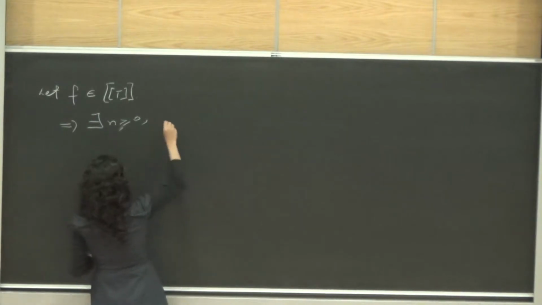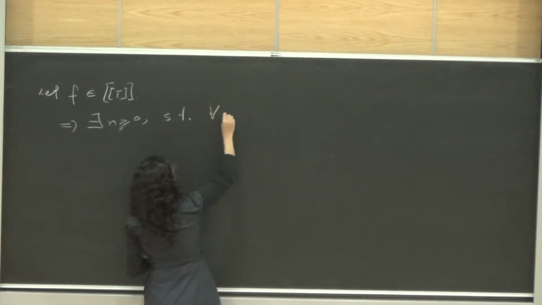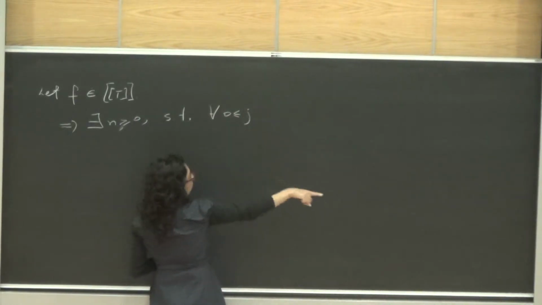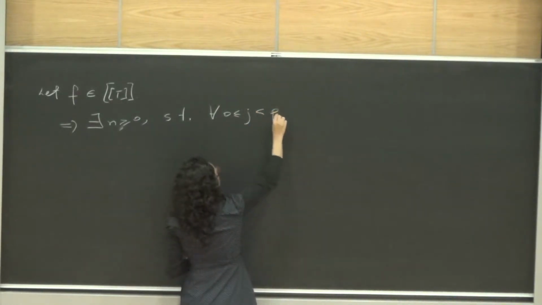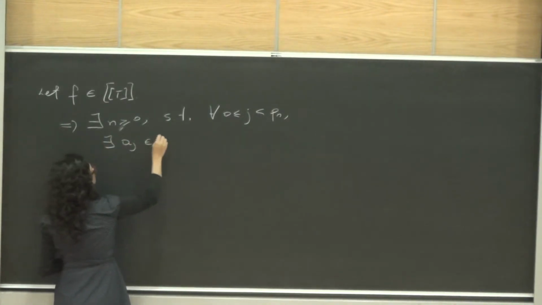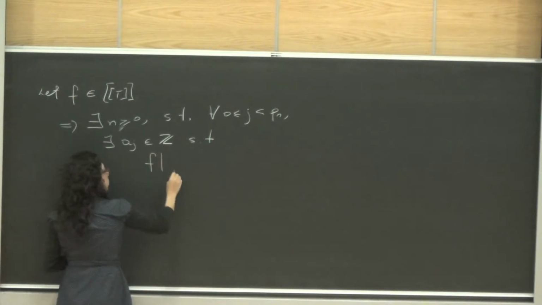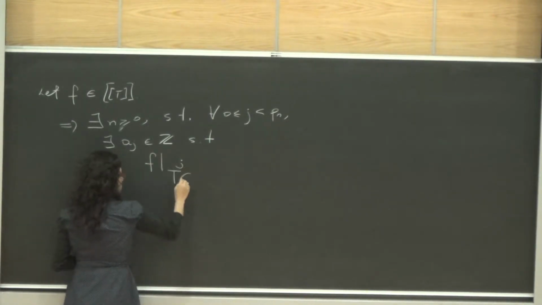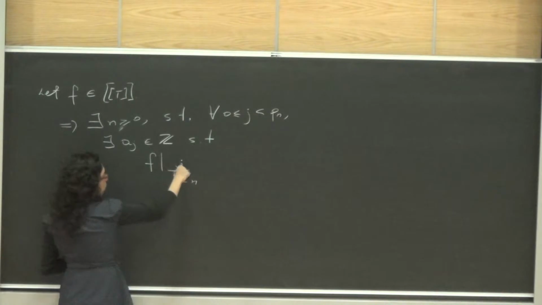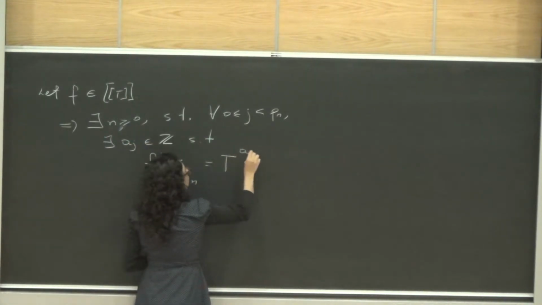So there exists N such that for every element of the partition Pn, there exists some element of the group such that the restriction of f to this element of the partition is equal to the action of this element of the group.